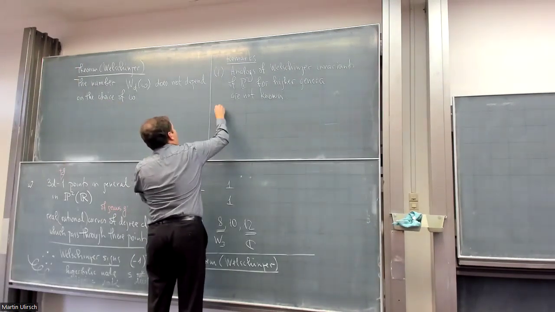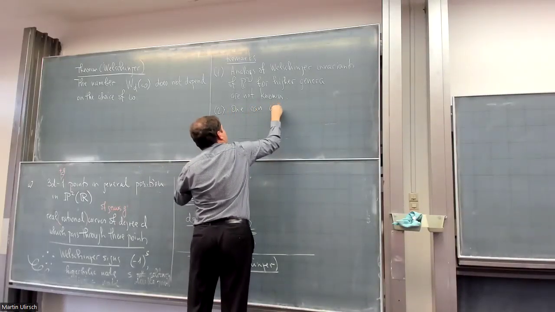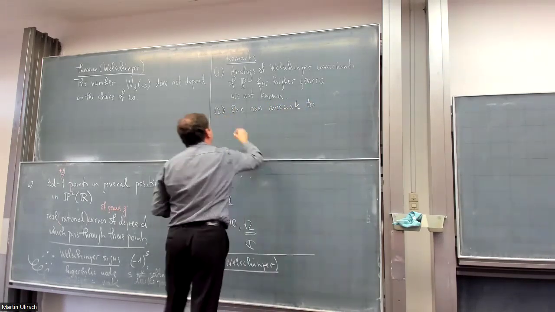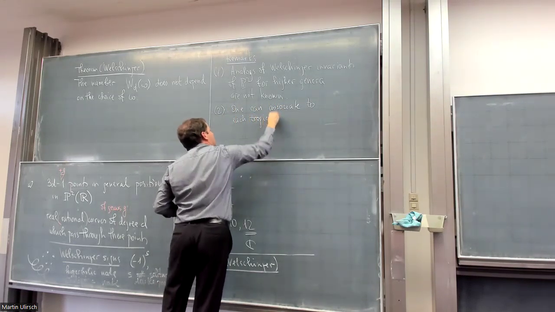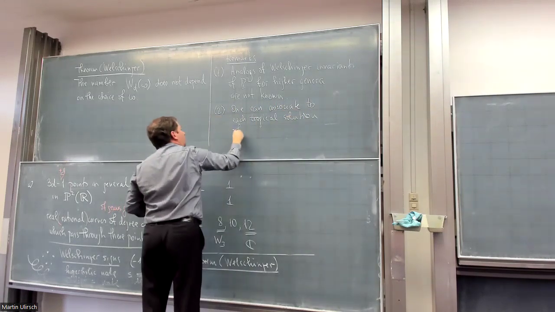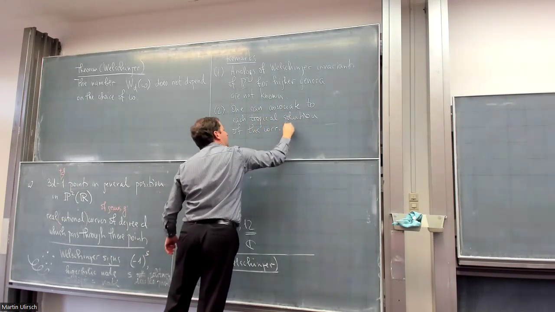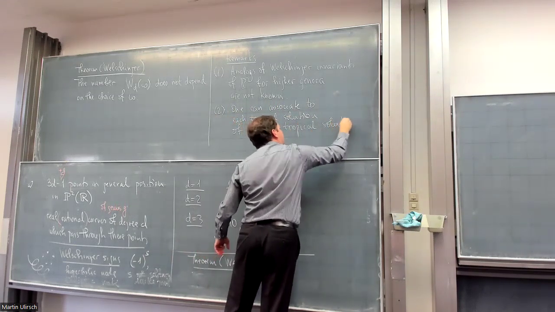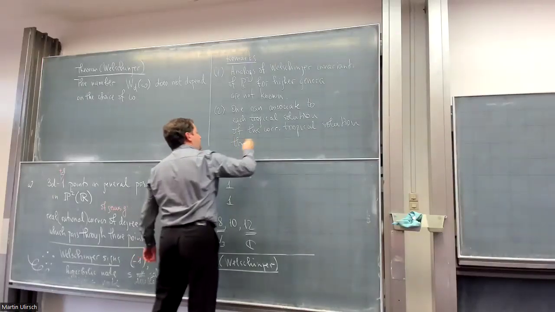So one can associate to each tropical solution of the corresponding tropical enumerative problem the so-called Block-Göttsche multiplicity.